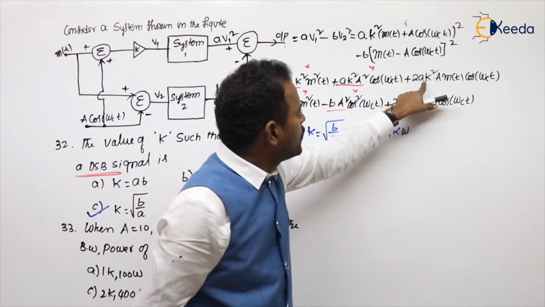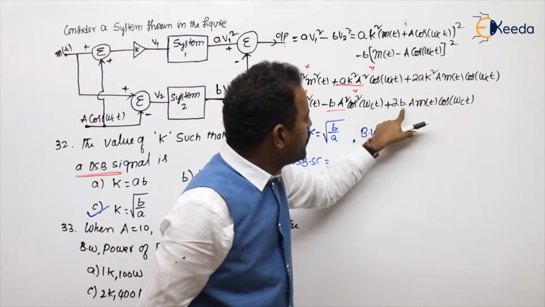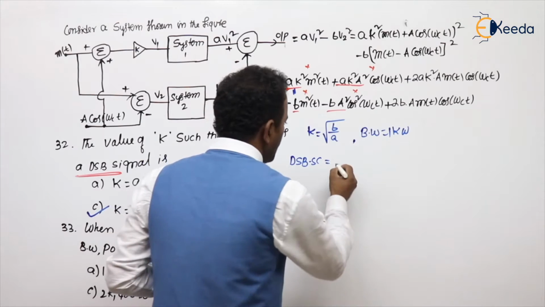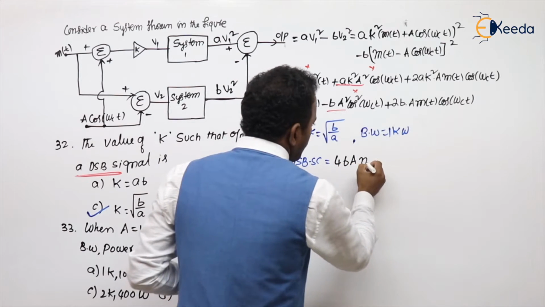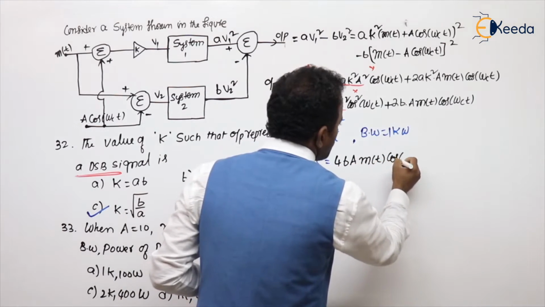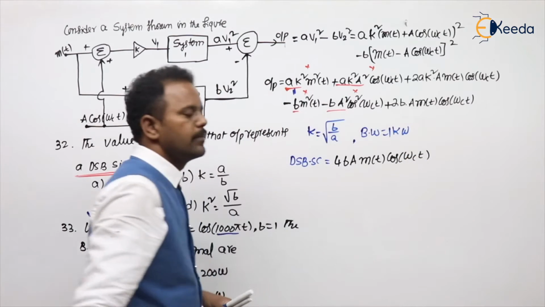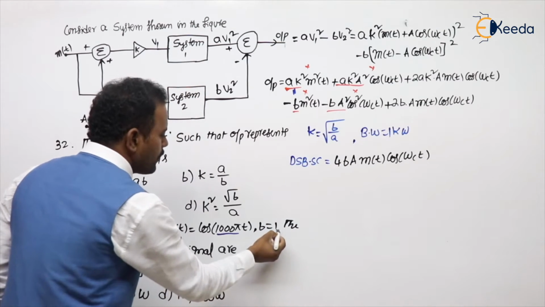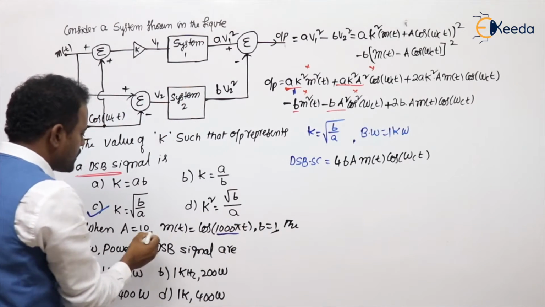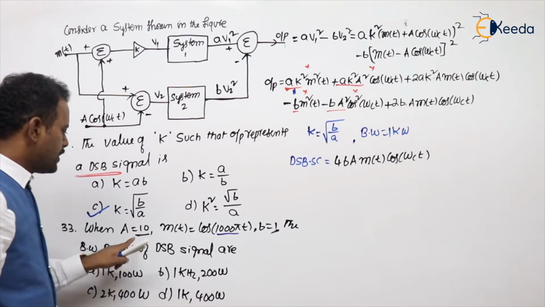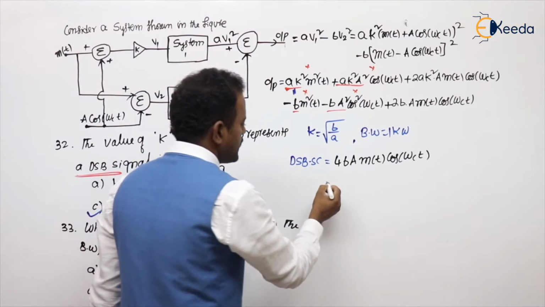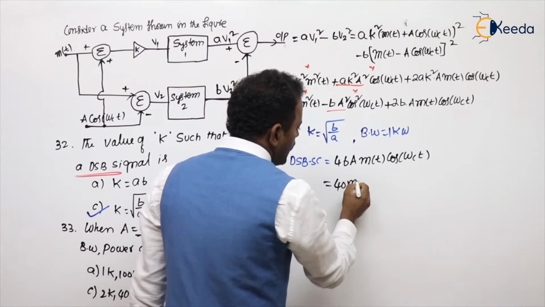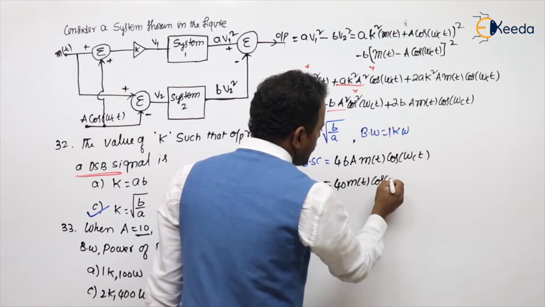The remaining is 2BA here, and also 2BA, so 2 plus 2 is 4. You get 4BA m of t into cos omega ct. B is 1 and capital A is 10, so you get the DSB-SC signal as 10 into 4, 40 m of t into cos omega ct.